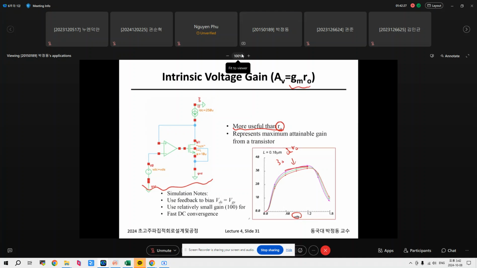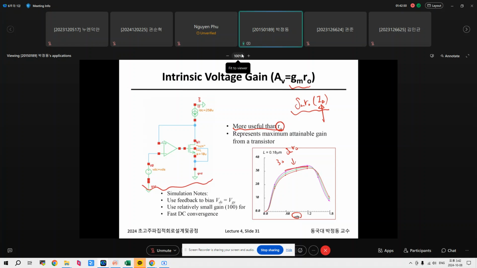And how can we extract the GM RO? Definitely, GM RO is a function of ID. You notice that this is a function of ID. So you have to control ID.